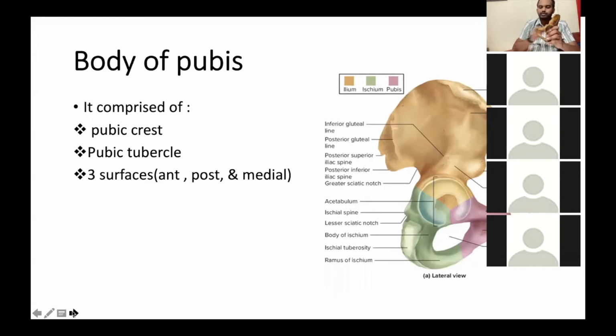This is the anterior surface. Behind this is the posterior surface, and this one, which is facing medially, is the medial surface, also called the symphyseal surface. We will talk in detail about what the crest is and what the tubercle is.